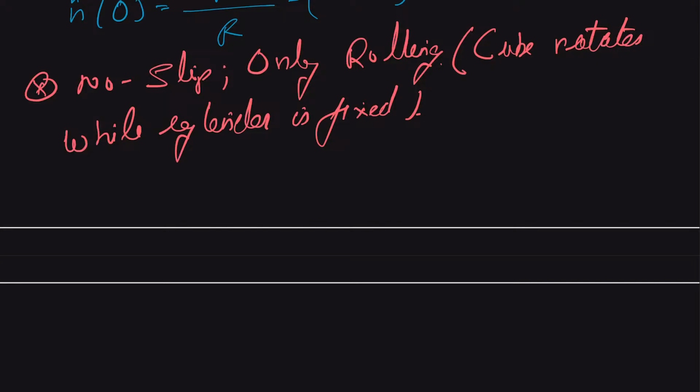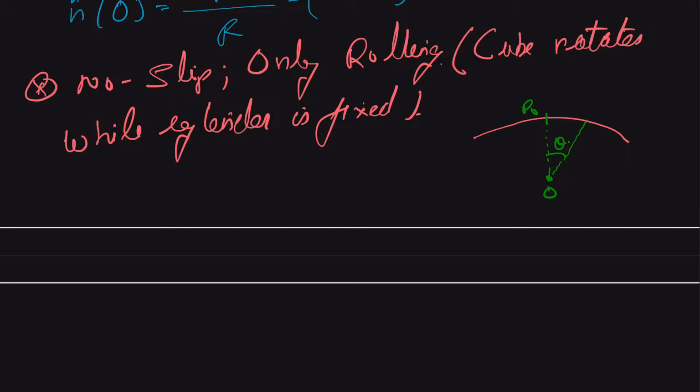So let's assume that the contact point moves by an angle of theta. We are interested only in the moving contact point. Initially the contact point is P naught, which is just above our origin, and it moves by an angle of theta.